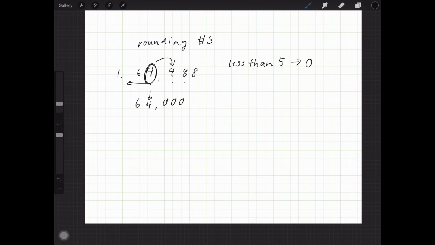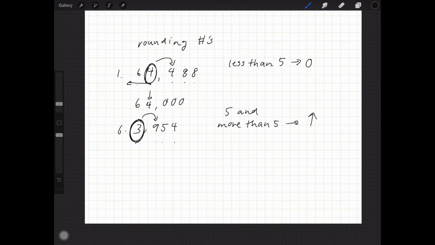But if we look at a number like number 6, which is 3,954, ones house, tens house, hundreds house, and thousands house, there's nothing more, so you don't need to move anything. This is the thousands house, looking at the number before it, which is a 9, and the rule of rounding is 5 and anything more than 5, so 5, 6, 7, 8, 9, you're going to move the number up 1.